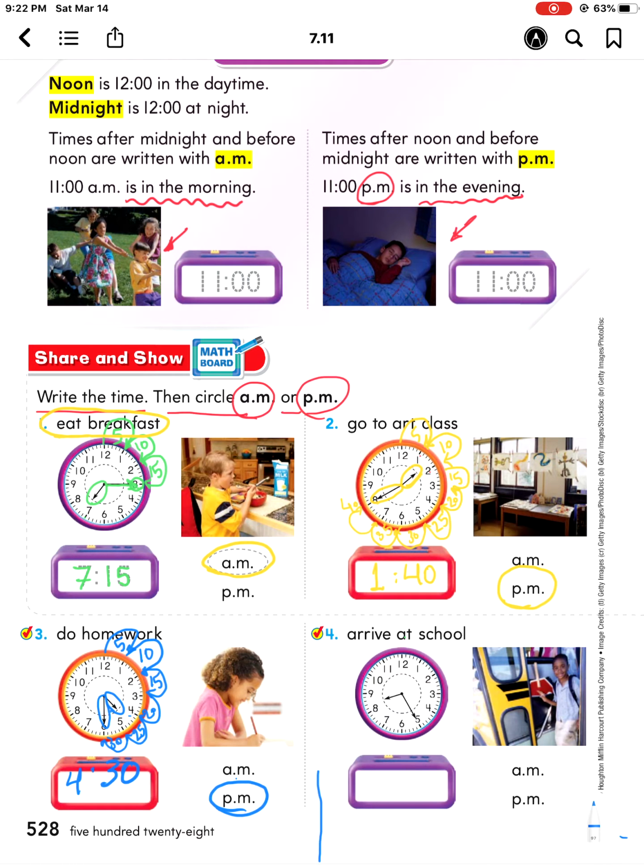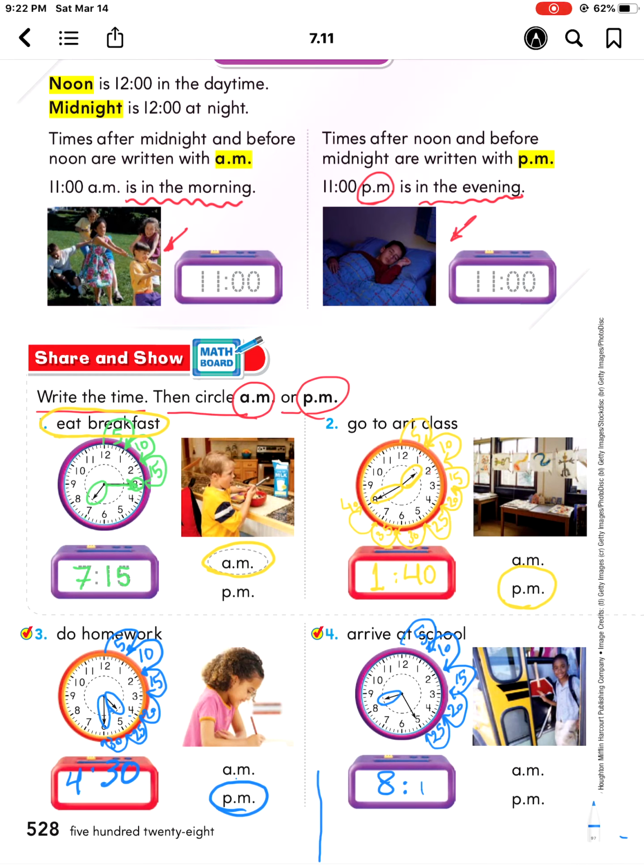Now, arrive at school. Let's see the hour hand. Okay, it's 8. What about the minute hand? Let's do it together. 5, 10, 15, 20, 25.